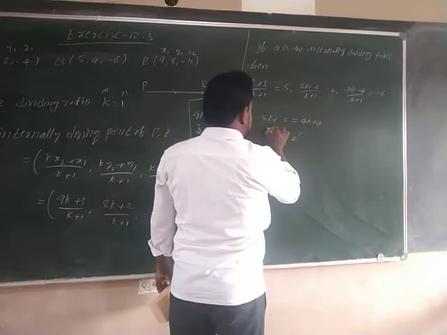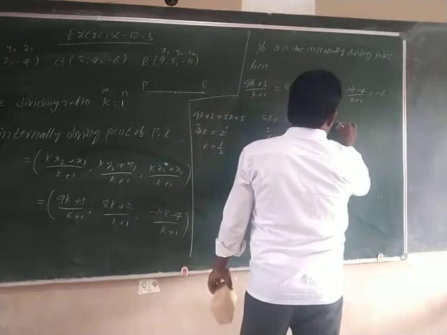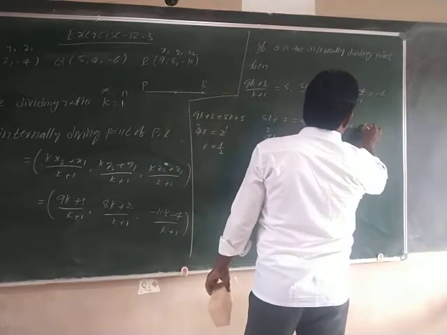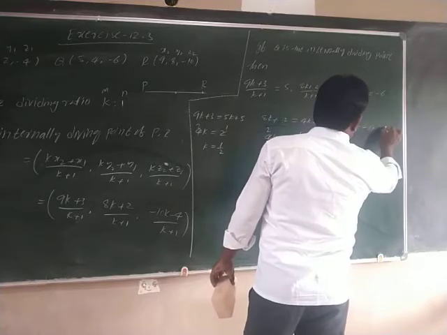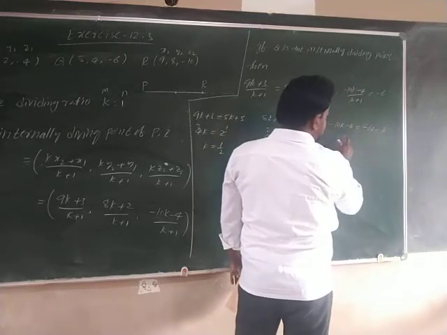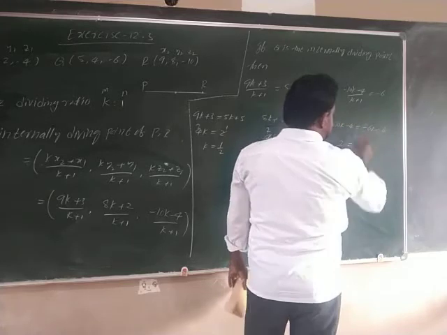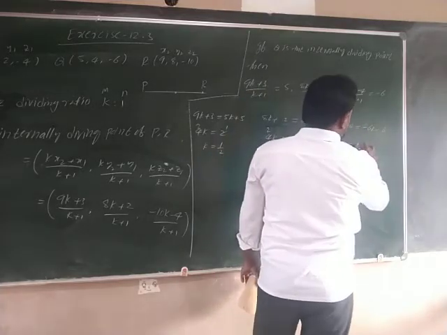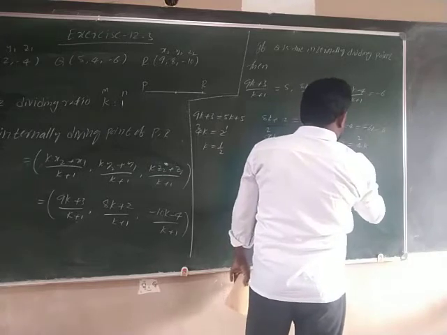So k is equal to 1/2. Next, minus 10k minus 4 is equal to minus 6k minus 6. Taking 6 to the left side, 6 minus 4 is 2, equal to minus 6k plus 10k, which is 4k. So k is equal to 1/2.